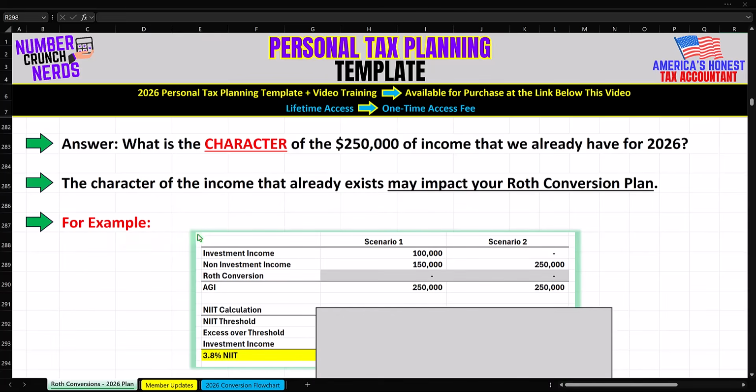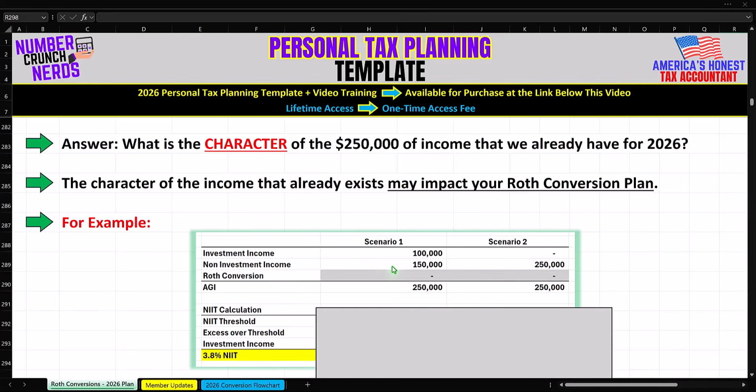For example, let's say right here we have scenario number 1, and in that scenario we have $100,000 of investment income. This is going to be your interest, your dividends, your capital gains. And then we also have $150,000 of non-investment income. This could be anything from W-2 wages to pensions to IRA distributions to Roth conversions to RMDs.